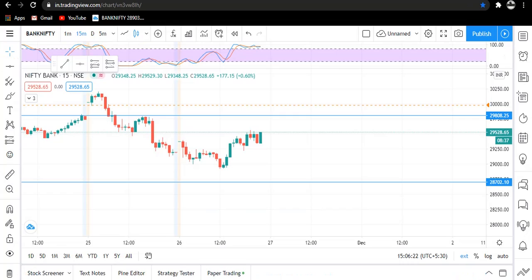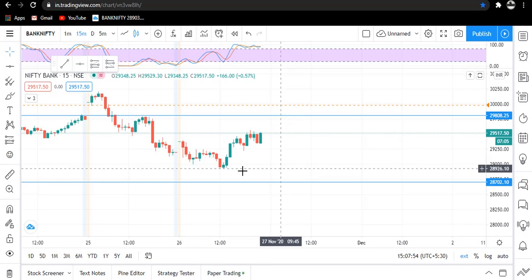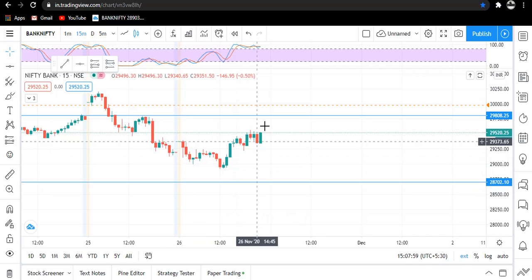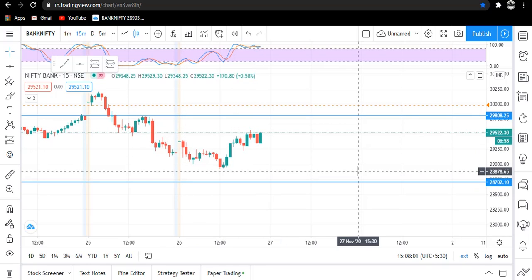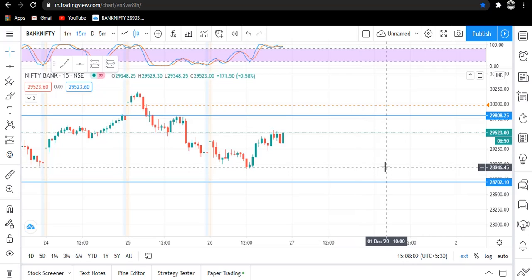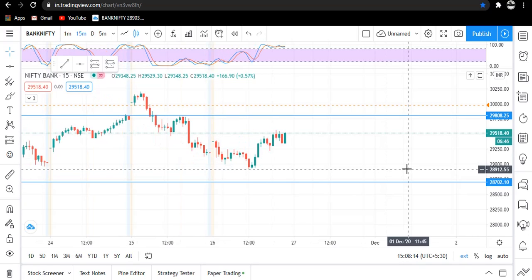So traders, this was our today's trade. Hope you learned something: even though Bank Nifty fell this much, it again came upside. We have nothing to do with all these things. Our focus was making profit, and we made profit, whether the market is going upside or downside. So you can see this was a good trade traders.